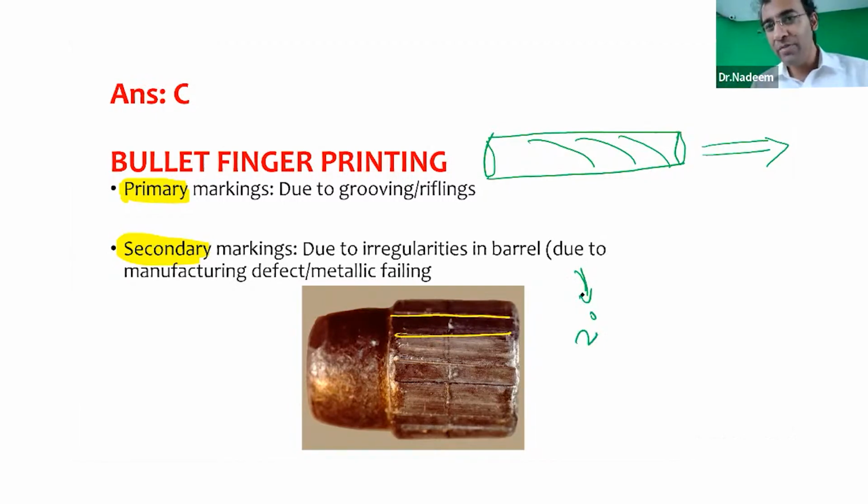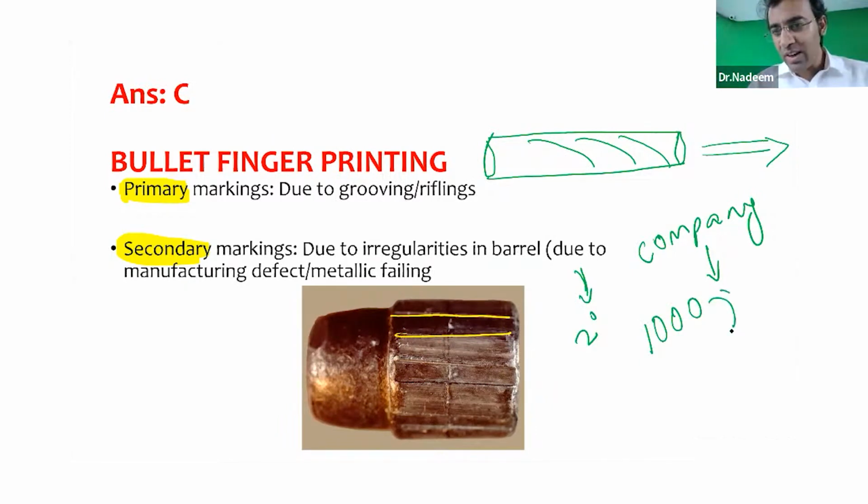Suppose there is a manufacturing company of a gun, and they manufacture 1,000 guns. In all 1,000 guns, the primary marking will be the same for sure.